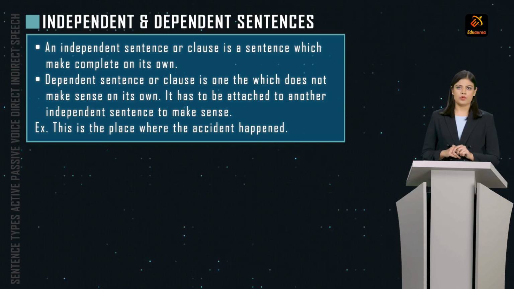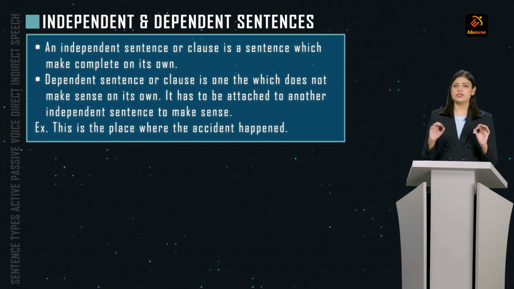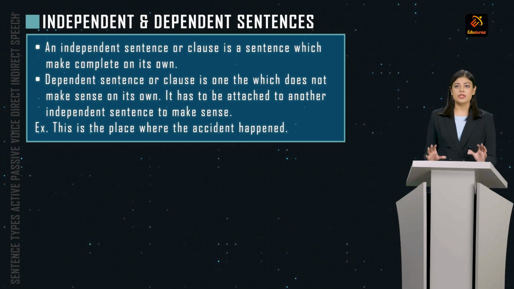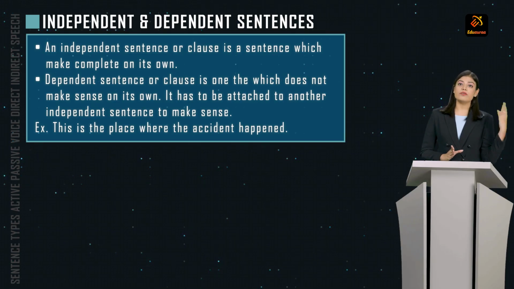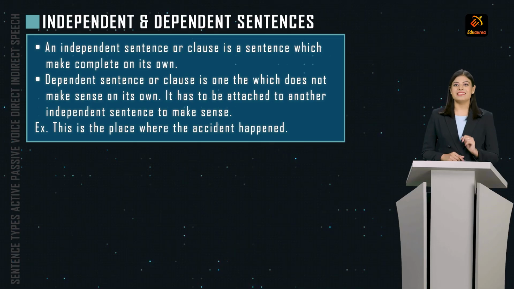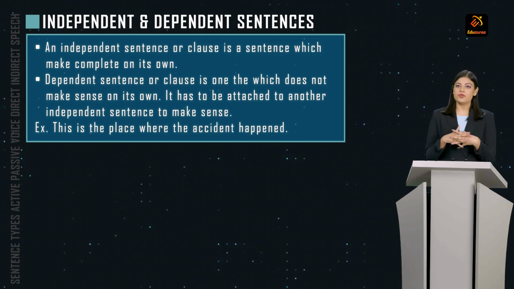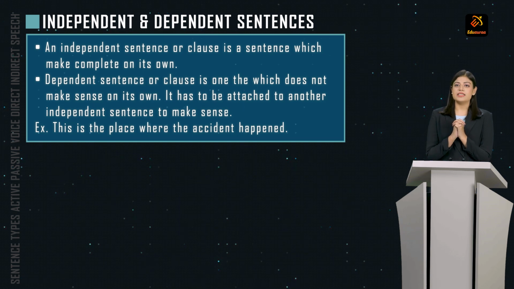No. Independently, that sentence does not sound grammatically right because that is dependent. What is it dependent on? It's dependent on the first part of the sentence. The first part says, this is the place. When you connect both of them together, only then does the entire thing make sense.